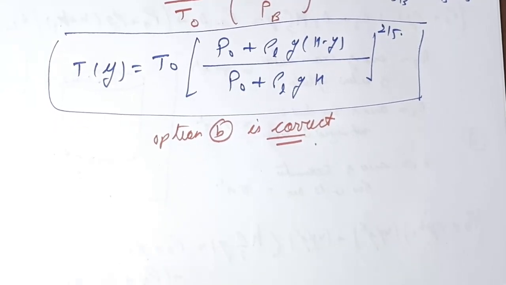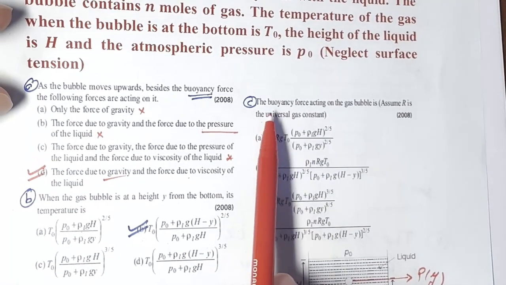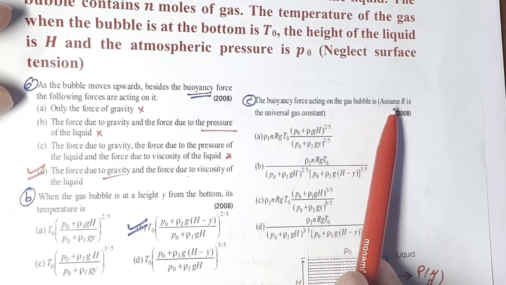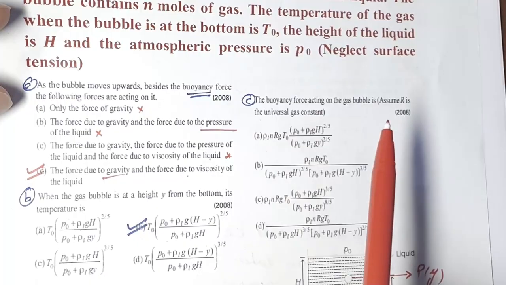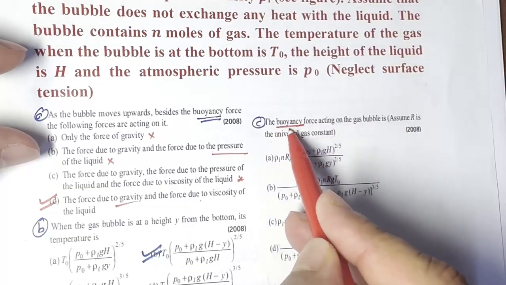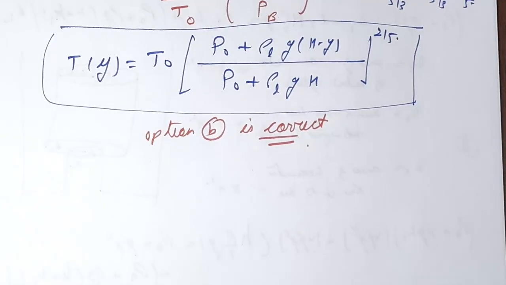Now we come to the third part, C part, which states that the buoyancy force acting on the gas bubble is, assuming R is the universal gas constant, so we have to find out what will be the buoyant force acting on the gas bubble. Okay.